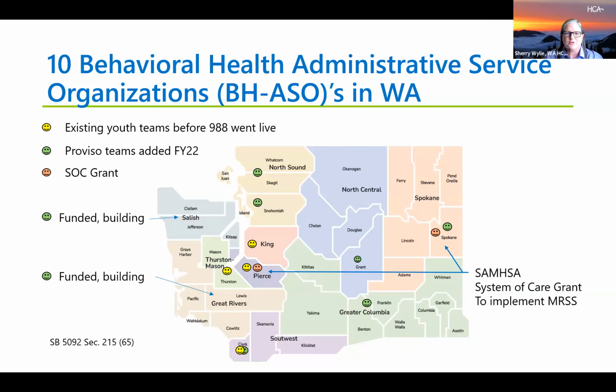North Sound asked for 2 youth teams, which is fabulous. Other regions are in various phases of standing up teams. There are 2 regions delivering MRSS now, and we have a SAMHSA system of care grant that's helping to implement MRSS in Pierce and Spokane counties. Next slide, please.